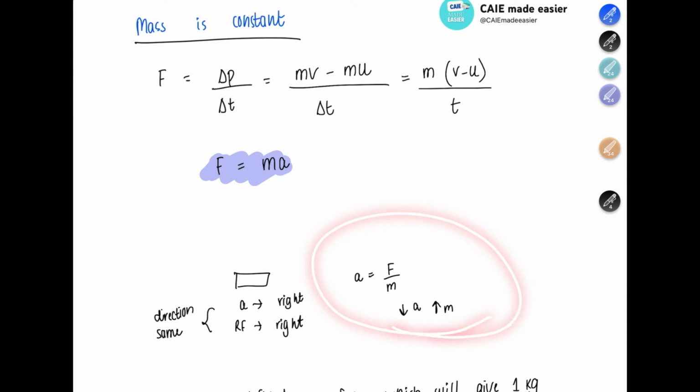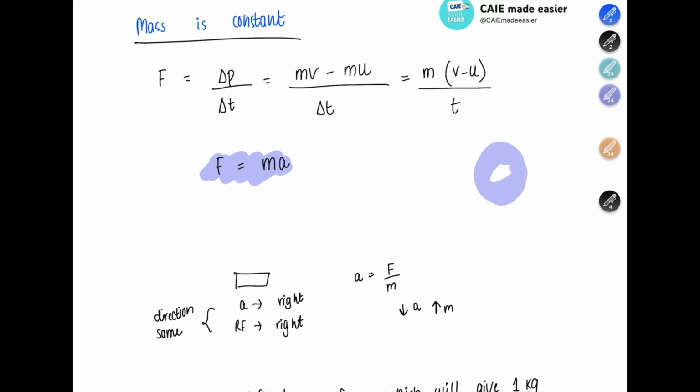Now, this says that acceleration and mass are inversely proportional. If acceleration reduces, mass increases. That means for a given amount of force, if the mass is huge, the acceleration will be small. Or for a given amount of force, if the mass is very small, it will accelerate a lot. Consider a very big and heavy steel ball compared to a light plastic ball.